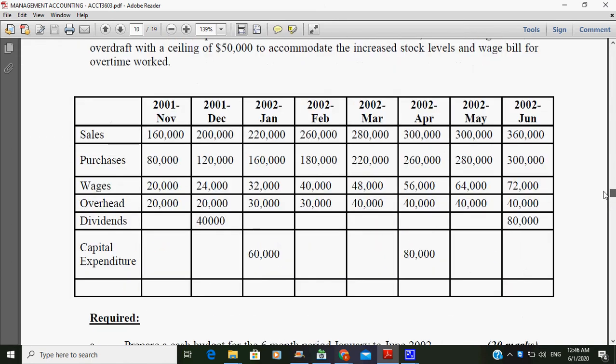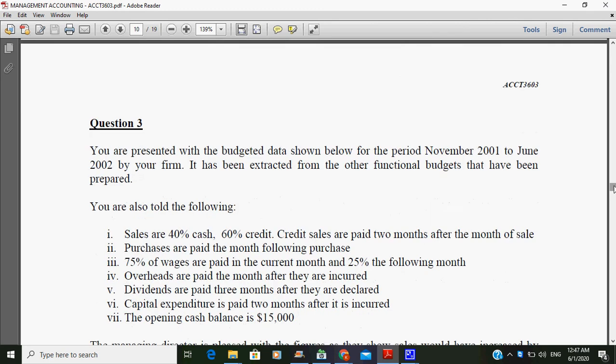So the receipts for January would have been 40% of the sales in cash, then 60% credit. The credit sales are paid 2 months after the month of sale.